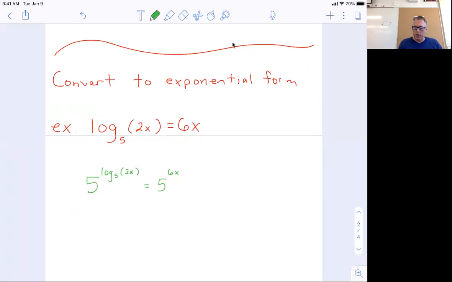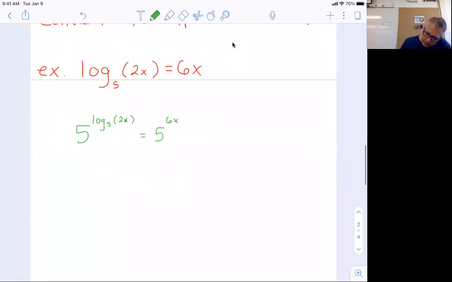Now, the reason I would want to do that is because remember, logs and exponential functions are inverses. So they cancel each other out, just like multiplication and division, just like addition and subtraction. So what happens here is this 5 and log base 5 cancel out, and I get 2x is equal to 5 to the 6x.